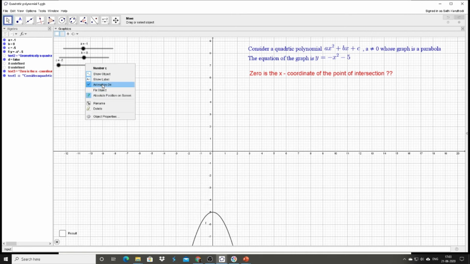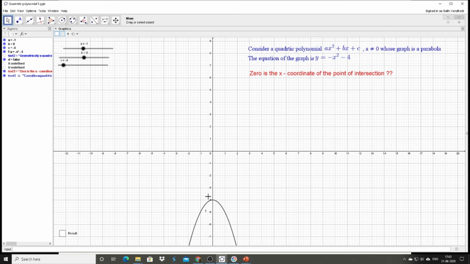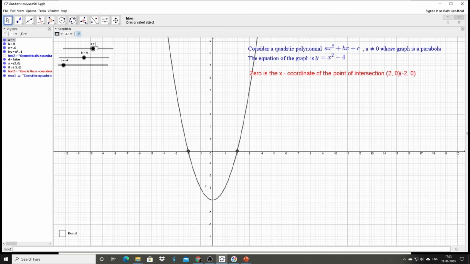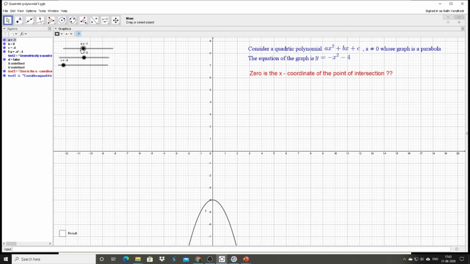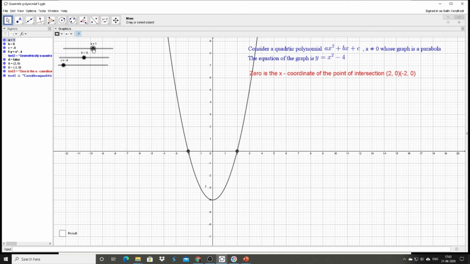Now we can conclude by observing: when A is positive, the graph opens upwards. When A is negative, the graph opens downwards. For different values of A and B, in some cases it intersects at 2 points or 1 point.